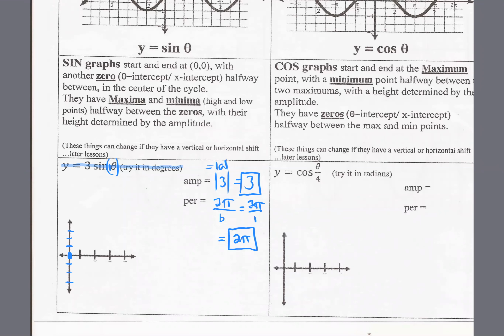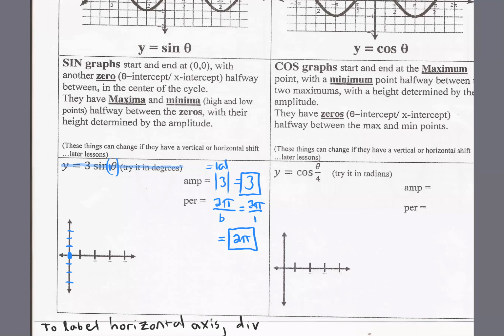Okay, now to label the horizontal axis. Divide the period by 4, and that'll be your scale.